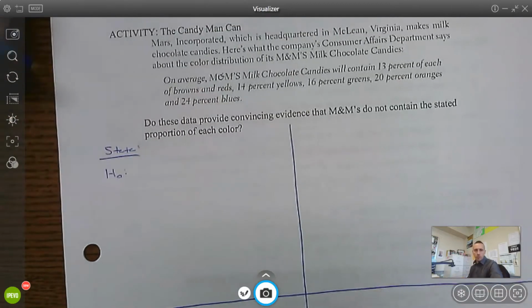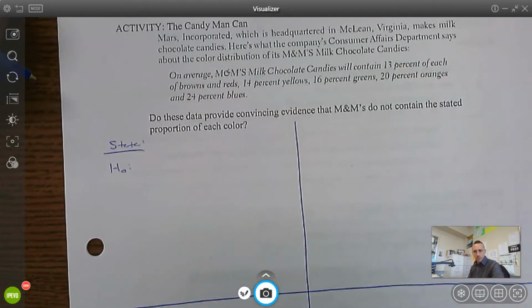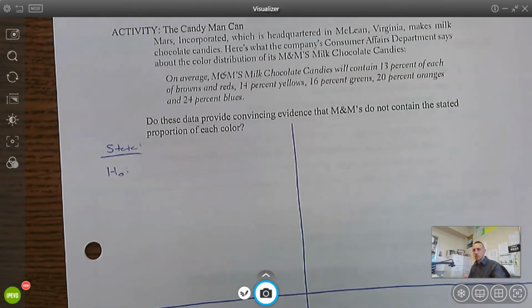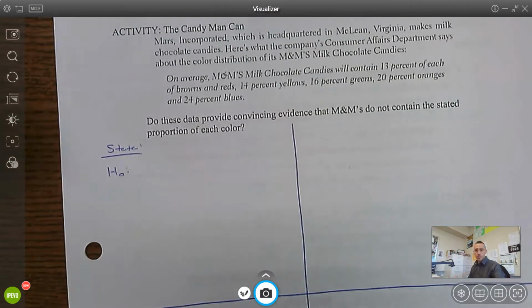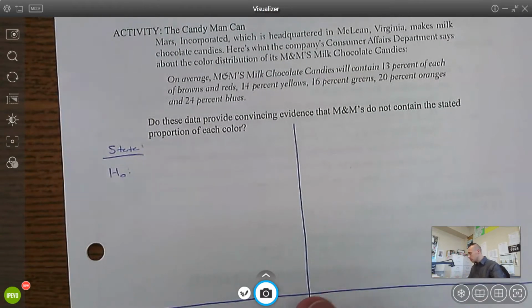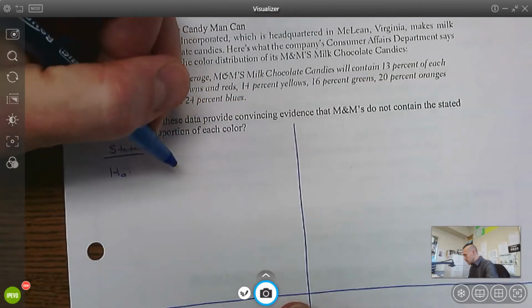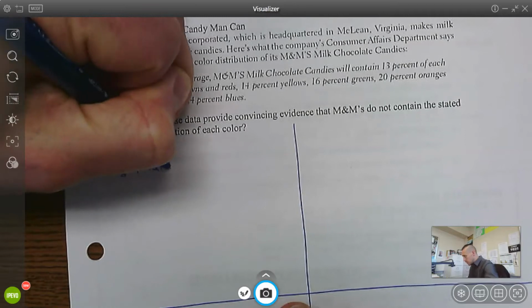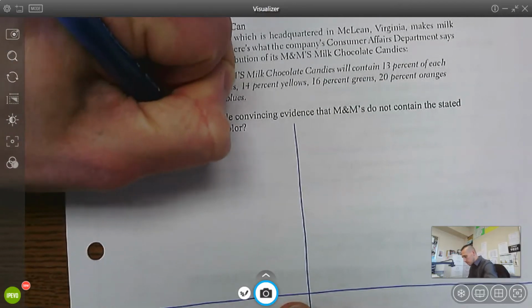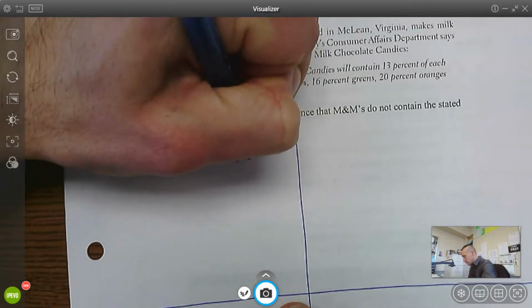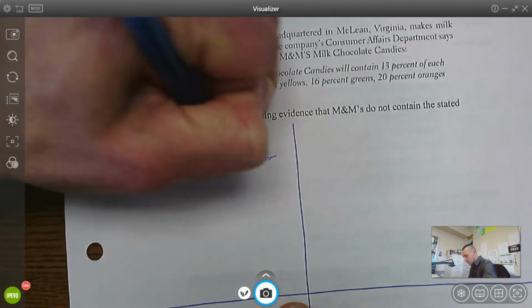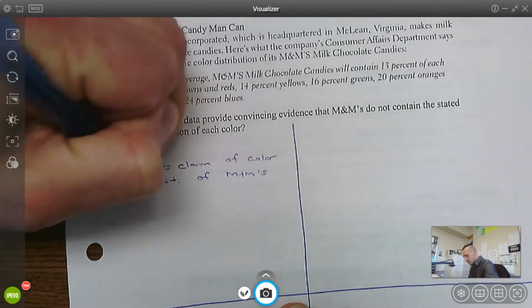There are going to be no parameters. There's going to be no symbol because we're talking about an entire distribution. There's not a symbol for that. So what you're going to see here is just the null and alternative hypothesis solely in words. So the null hypothesis is that the Mars claim of the color distribution of M&Ms is true.